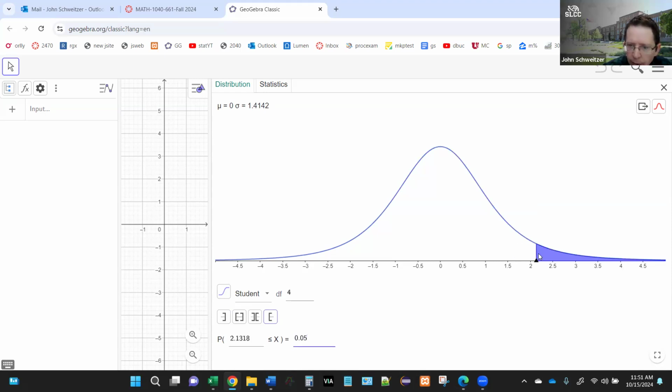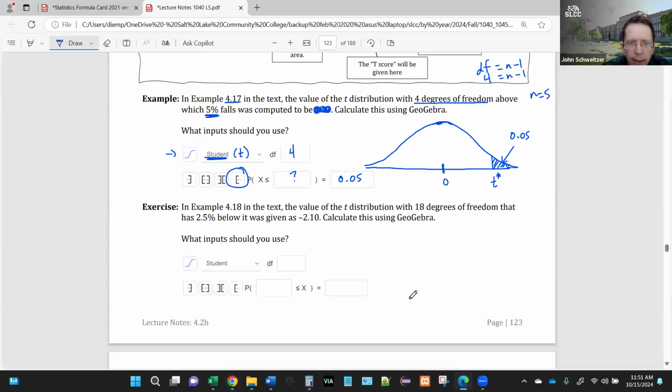Okay, so there we go. It's the same graph that I drew on the other page, except theirs looks a little bit better. And so the value coming out of here is 2.1318, which is the value that is calculated in that example of the textbook. So if you are reading the book, you can find it there.